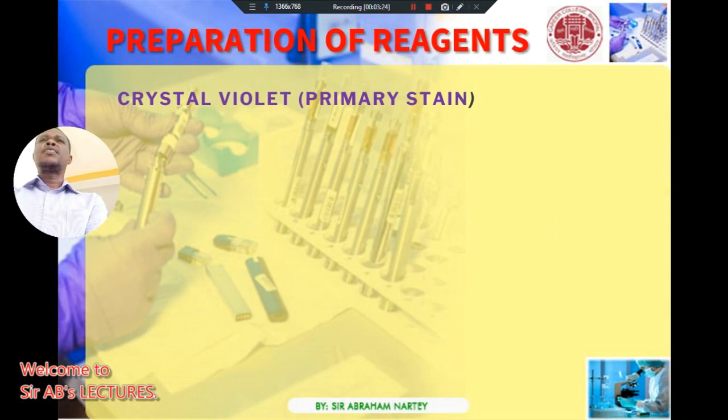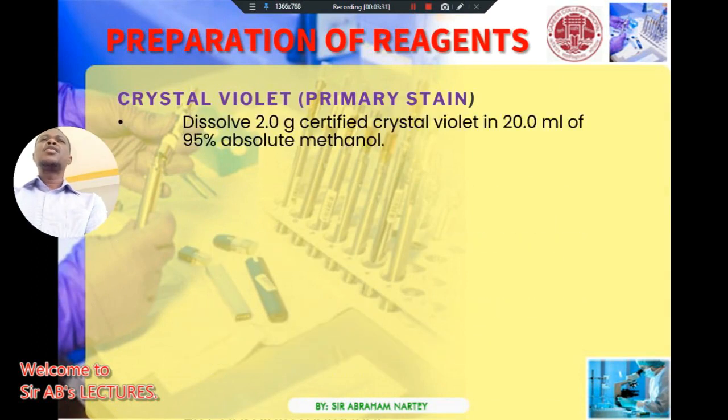We want to look at the primary dye, the crystal violet stain. With the crystal violet stain, first you dissolve 2 grams of crystal violet in 20 ml of 95% absolute methanol. So you need a beaker. Then you measure 2 grams of crystal violet.